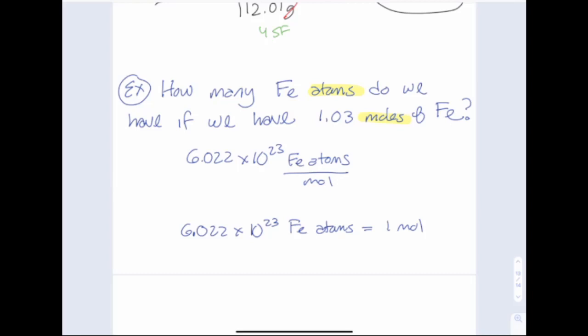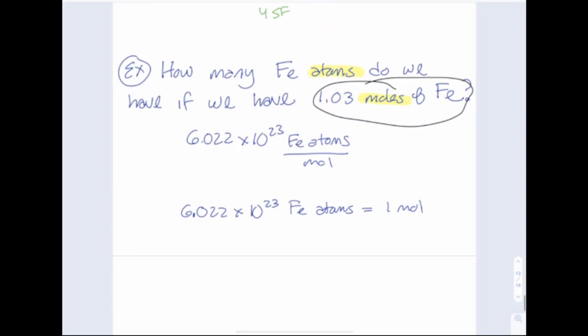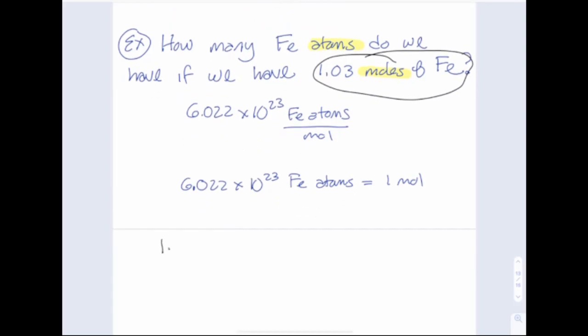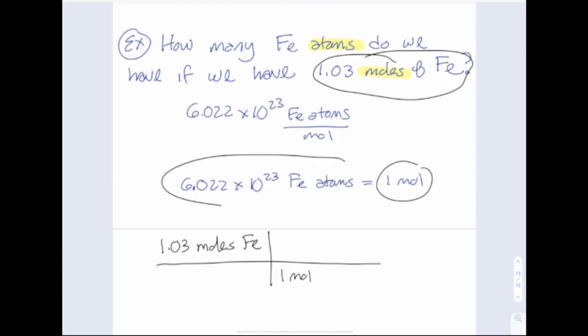So then again, just straight dimensional analysis. We're going to start with what's given in the problem. So 1.03 moles of iron. Since moles are on top, the only way for them to cancel is to go on the bottom. The 1 goes with the mole, which means Avogadro's number is going to go on the top.